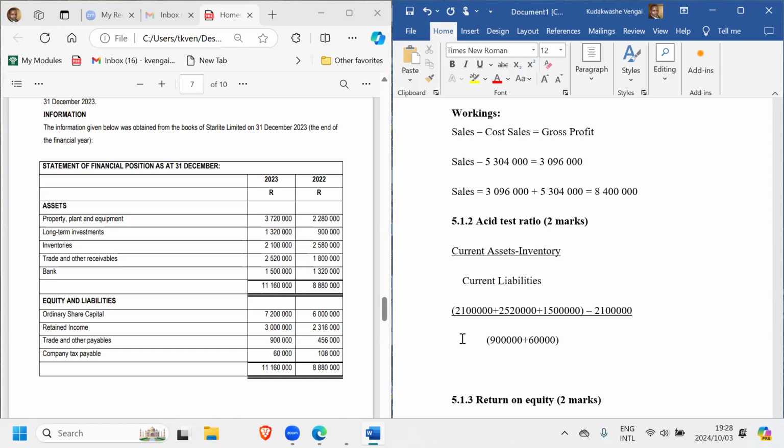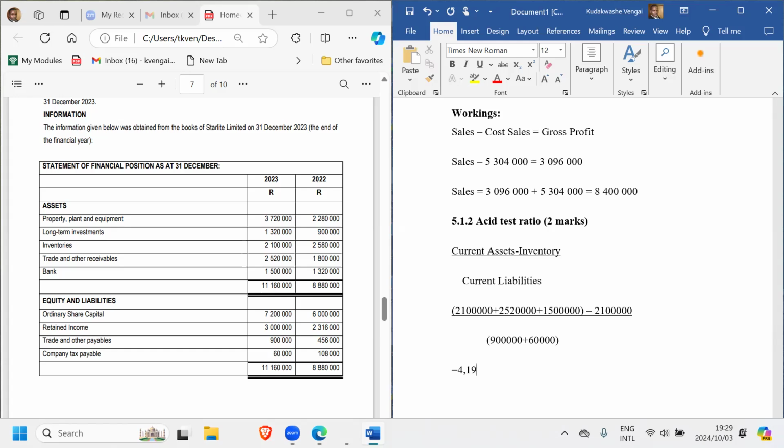Right. So, which means you can what? You can easily calculate this. So it's going to be, so our answer here is going to be equal to 4.19.